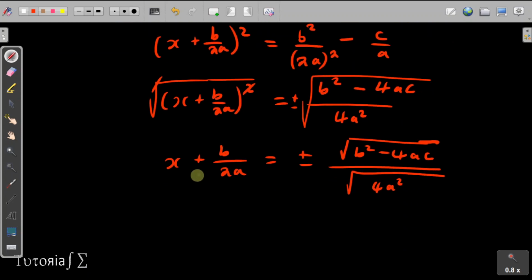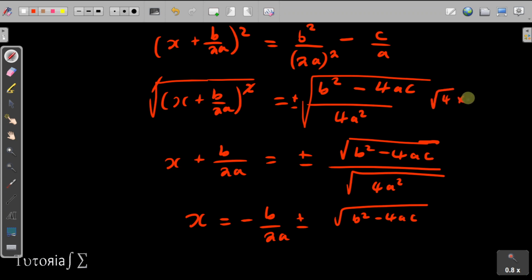Then we can simply transpose this on the other side. x will be equal to negative b over 2a, then plus or minus root of b squared minus 4ac. Now, what is down here is the same thing as root of 4 times root of a squared. We know root of 4 is basically 2, and root of a squared cancels, so we just remain with a.